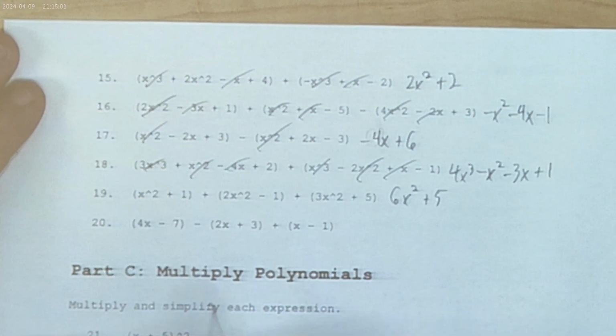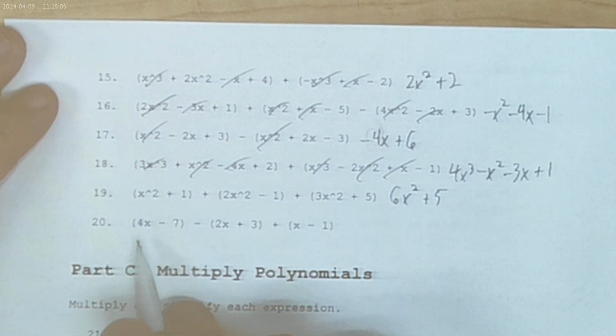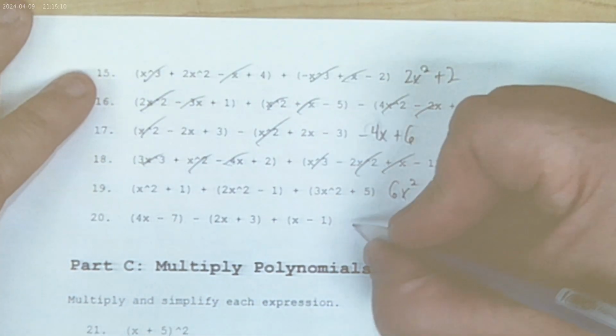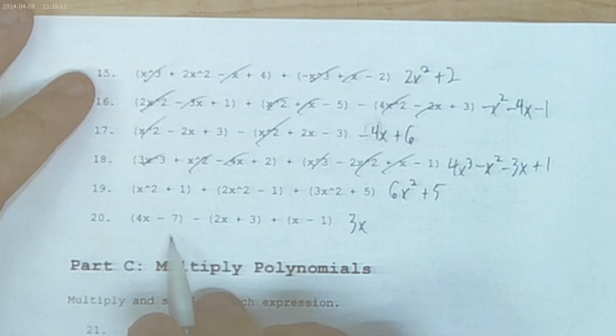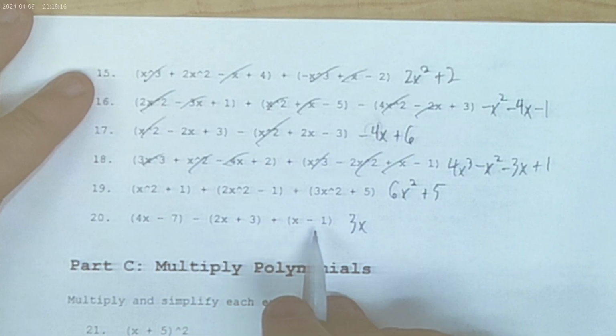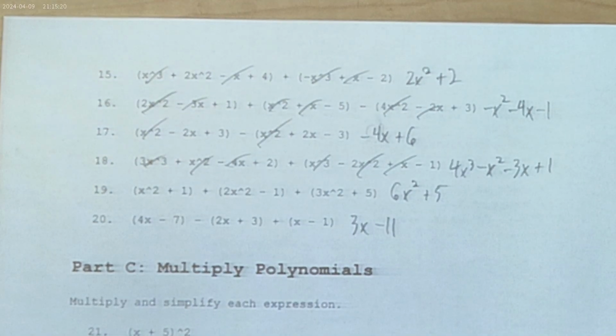All right. So here I am again. I've got just x's and constants, so I've got 4 minus 2, which is 2, plus 1, so that's 3x, negative 7, minus 3, so that's negative 10, minus 1, negative 11. So there we go. All right.